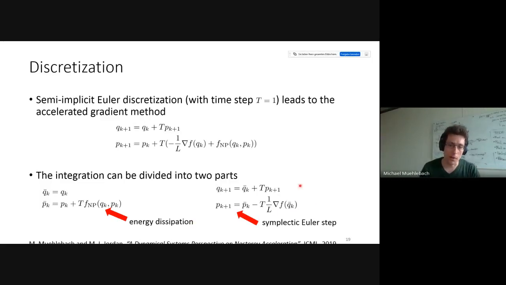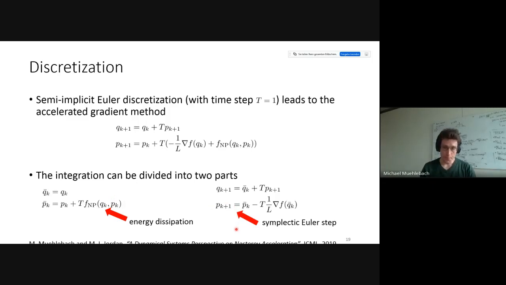The second part is a very well-known integration scheme called the symplectic Euler scheme. This part is only dependent on the conservative part of the dynamics, the Hamiltonian part of the dynamics. So you could think of this intuitively as energy conservation. So what the scheme does is alternate between dissipation, conservation, dissipation, conservation, etc.